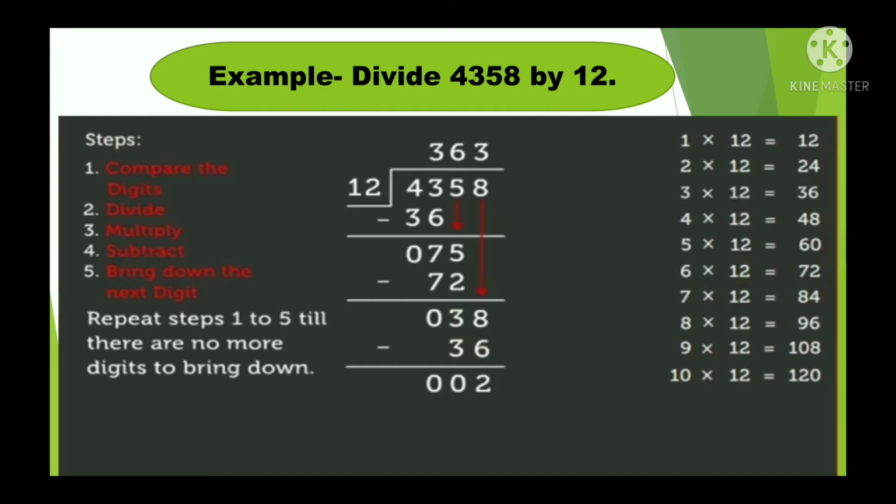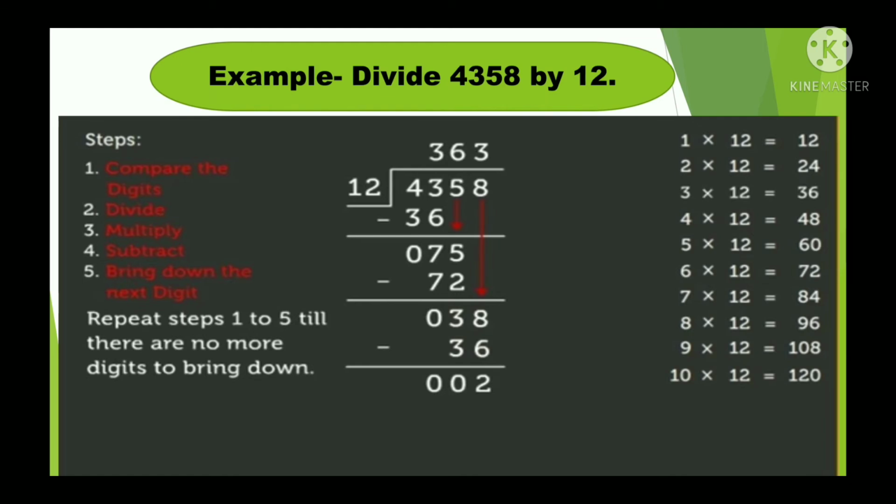So it will become 75, and then again we have to repeat the steps from step 1 to step 5 till we get there is no number left to bring down. So we get 72 from the table of 12, which is closest to 75.